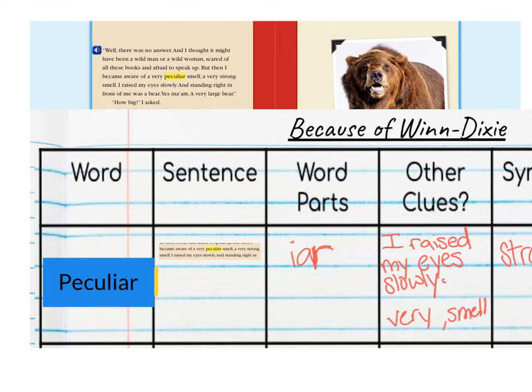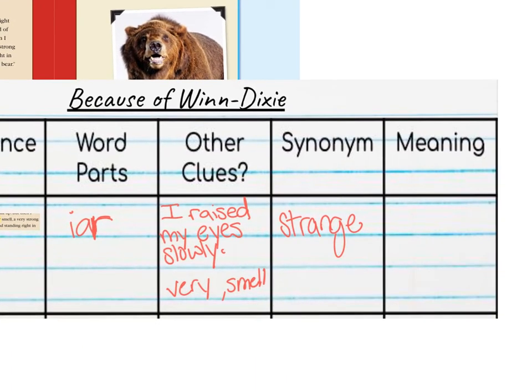Became aware of a very strange smell, a very strong smell. I'm thinking it could be. Another word might be the word different. Odd. Some of you might even say weird.